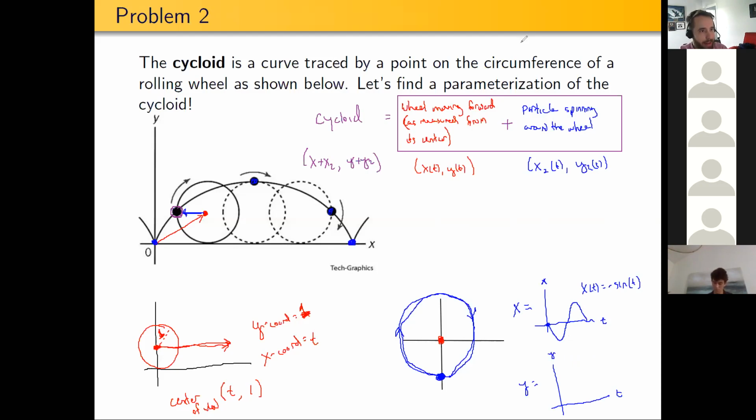Our y-coordinate starts at -1, increases to +1, and then goes back down to -1, all over the course of 2 pi. So starting at -1, by the time we get to pi, we're at +1. By the time we get to 2 pi, we're back at -1. So that looks kind of like this.